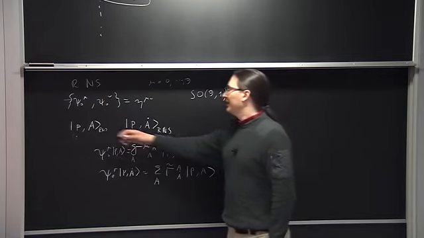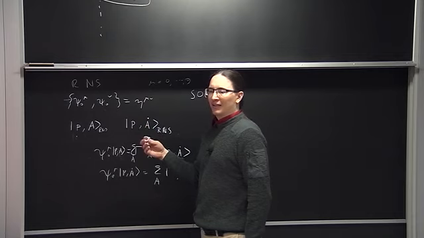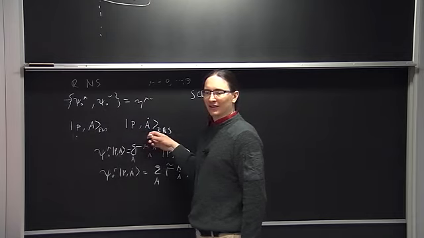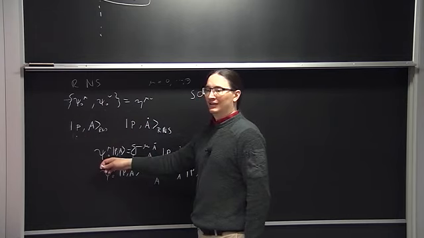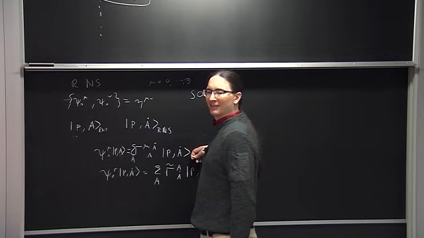The reason I split them in two is because (-1)^F acts in an opposite way on this and this. Psi is odd. That means that if these are even, this must be odd, and vice versa.